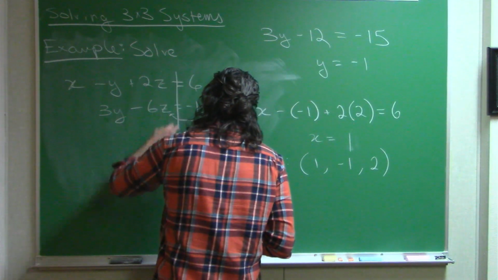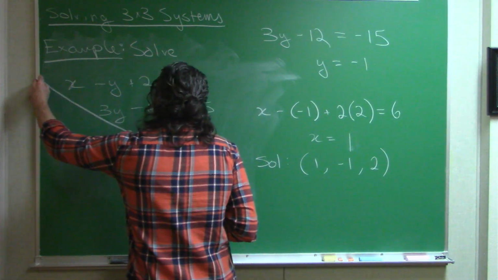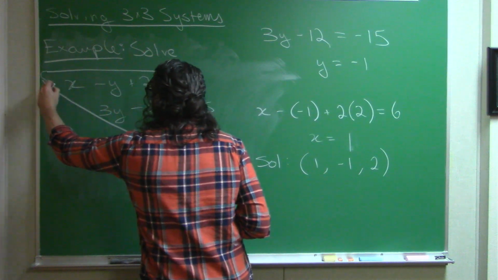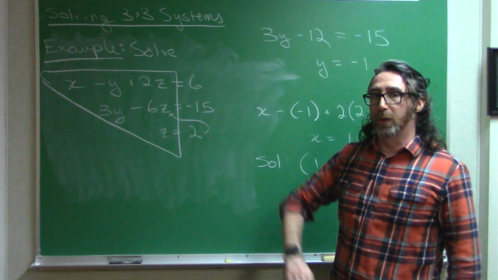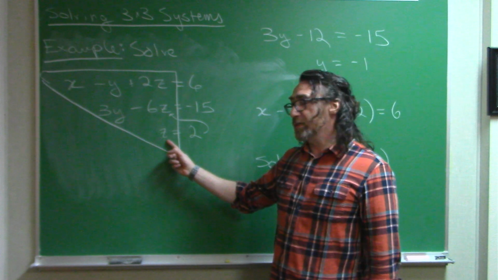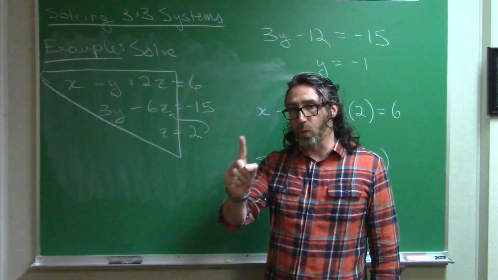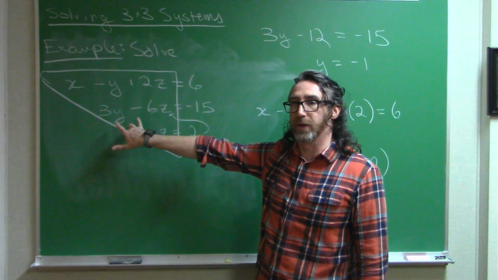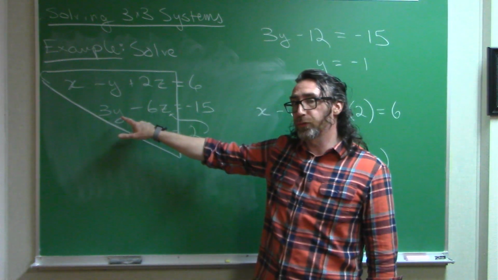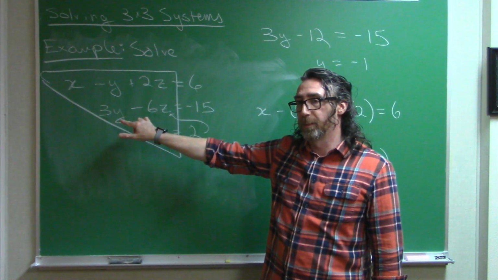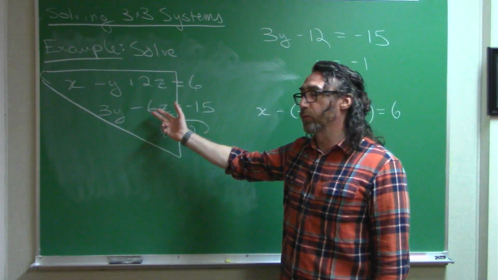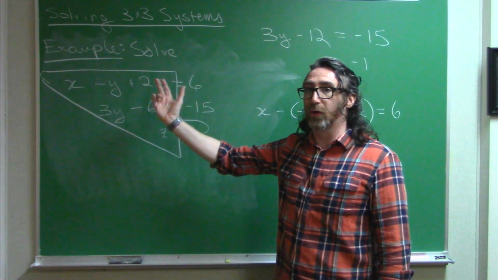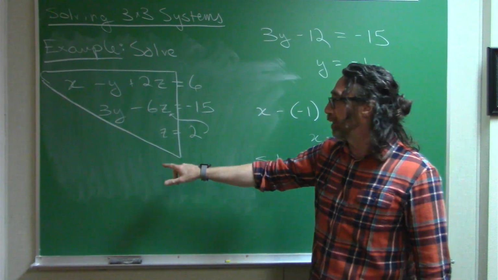Now, the important thing about this system, the thing that let me use back substitution, was that this last equation involved only one variable, and then this involved only 2 variables. If this involved all 3, then I'd be stuck, because if I plug in the value for z, well, y and x are still unknown, so I can't solve.